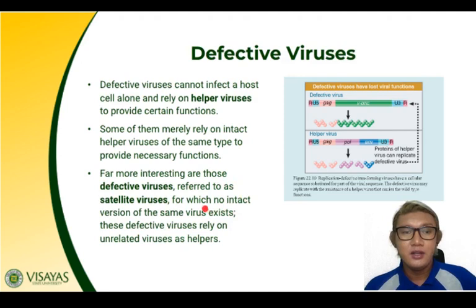These are called defective viruses. Defective viruses are also called satellite viruses. There is no intact version of the same virus. Thus, these satellite viruses rely on unrelated viruses known as helpers.